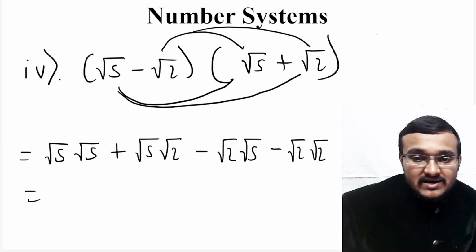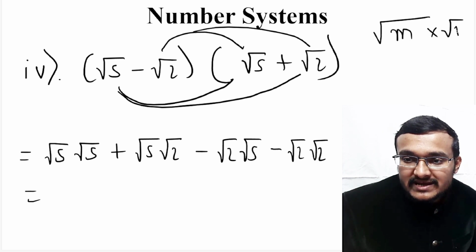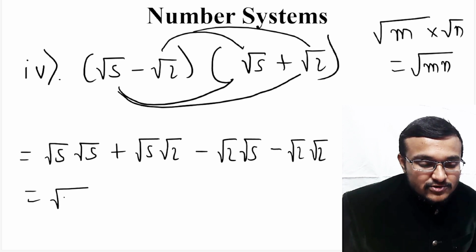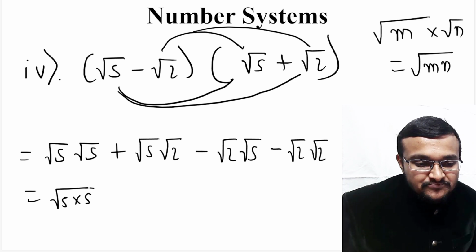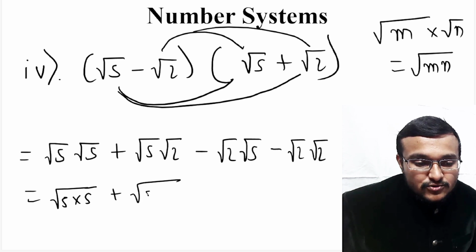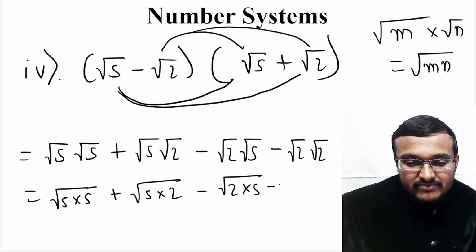So here, as I explained, when you have root m into root n, you can write this as root mn. So root 5 into root 5, I can write as root 5 into 5 inside a single root, plus root 5 into 2, minus root 2 into 5, minus root 2 into 2.